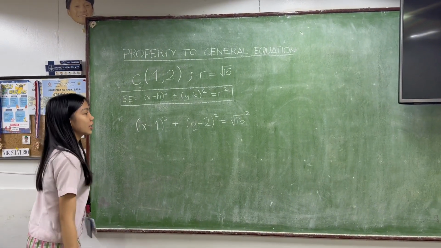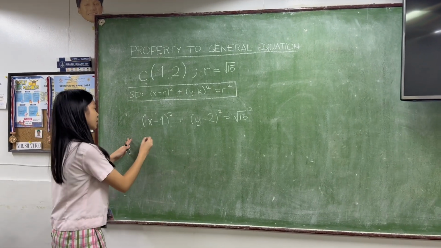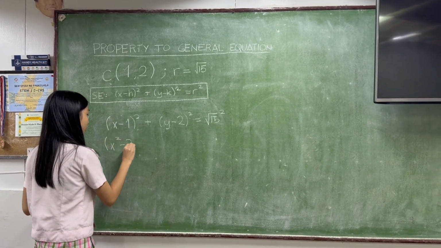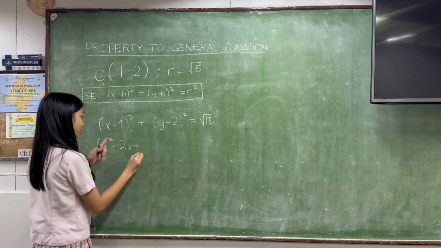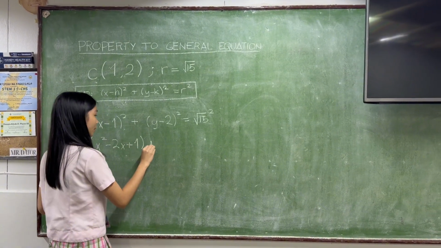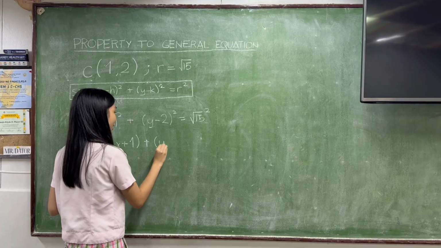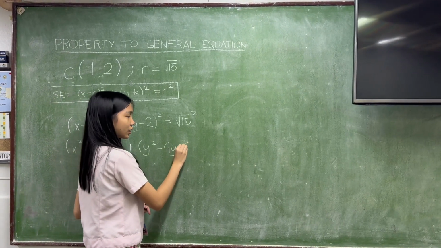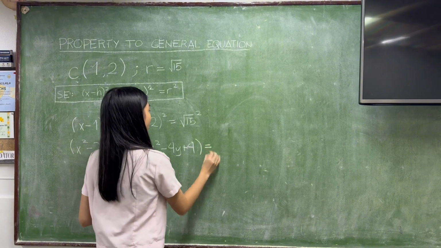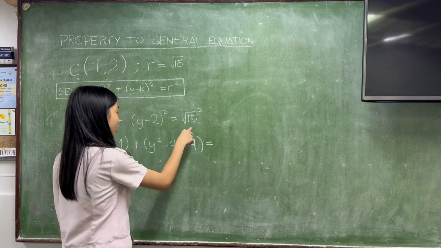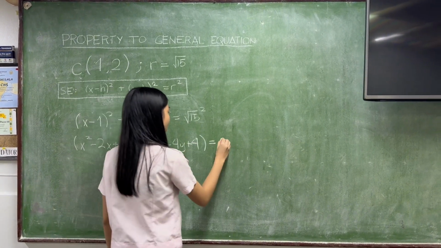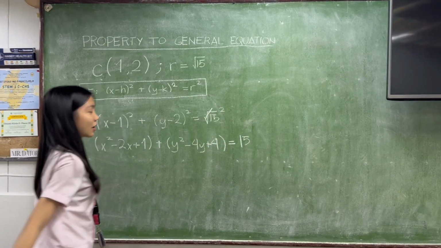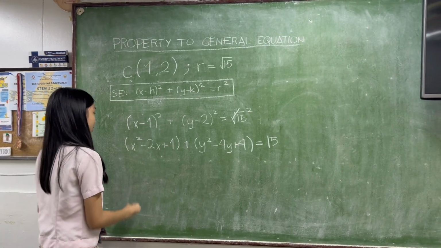After that, we're gonna expand these terms. So x squared minus 2x plus 1 plus y squared minus 4y plus 4, and let's square the square root of 15, which is 15, because the square cancels out the square root.